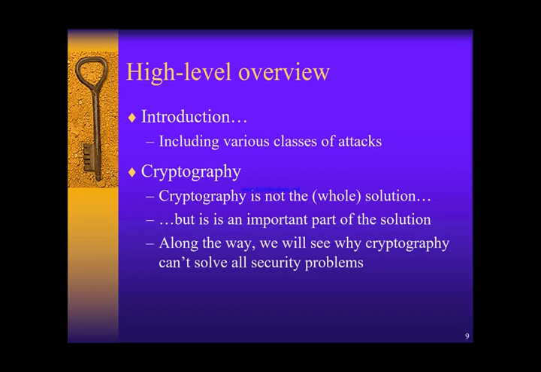And a high level overview. Introduction, including various classes of attacks. Cryptography: cryptography is not the whole solution, but it is an important part of the solution. Along the way, we will see why cryptography can't solve all security problems.